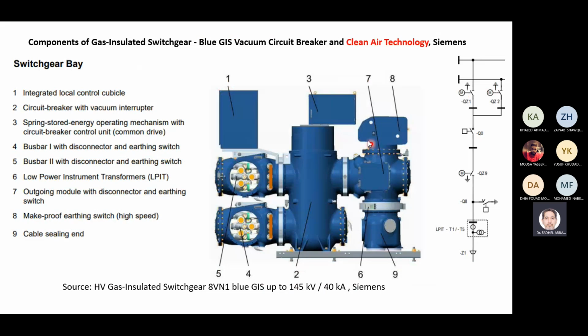Like in this switchgear, this is a generator vacuum GIS, gas insulated switchgear, vacuum interrupter. So this looks like this. So this has a double bus, which is this bus 1, bus 2.